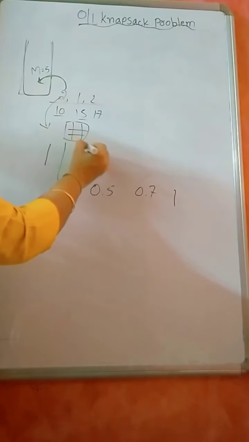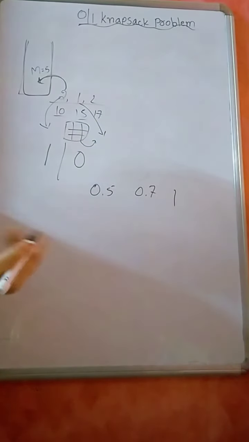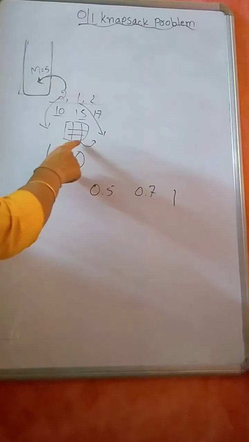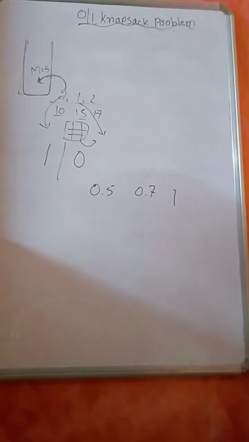Then I use this table to solve the next subproblem. When I consider the next object, I use the previous table to get the solution for the next step. That is the dynamic programming concept, which you already know.